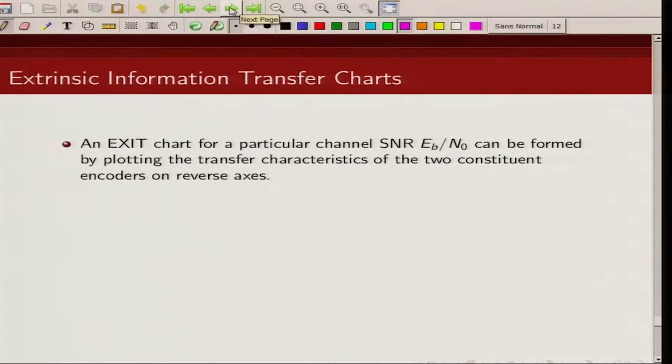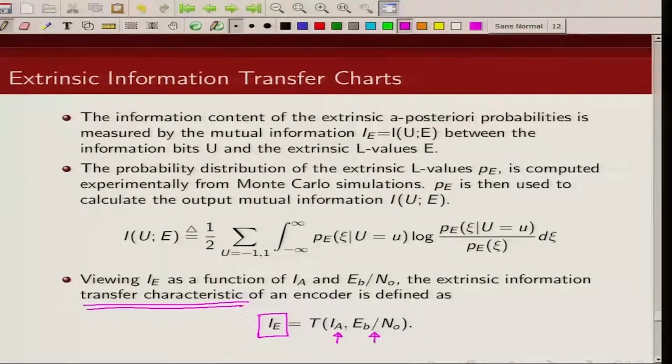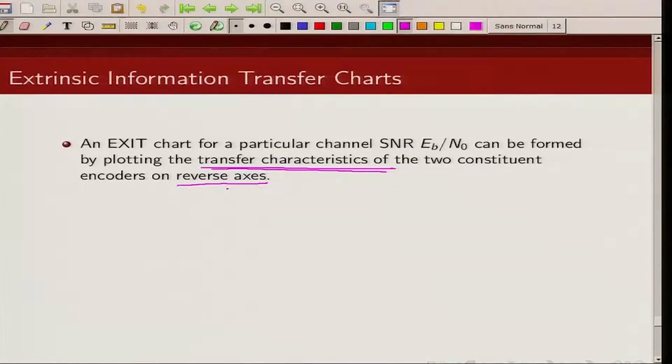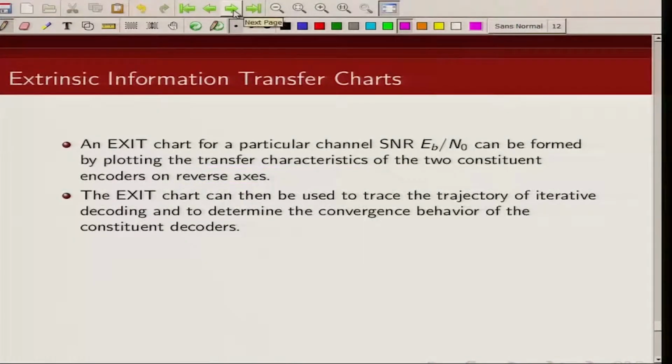So, how was the EXIT chart created? They plotted this transfer characteristics for two constituent decoders on reverse axes, similar to Al-Gamal's technique. The difference is Al-Gamal used mean and SNR, here they use mutual information.